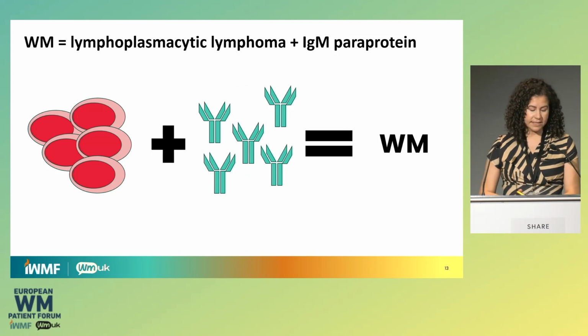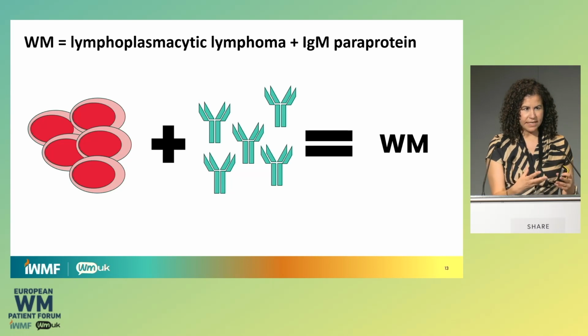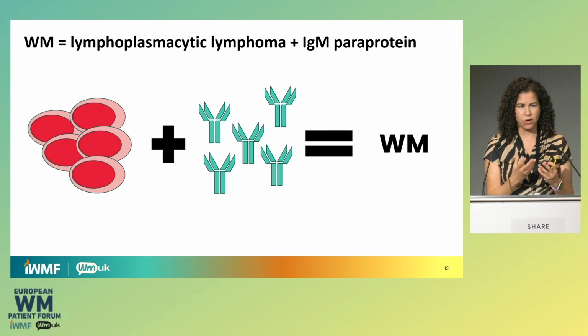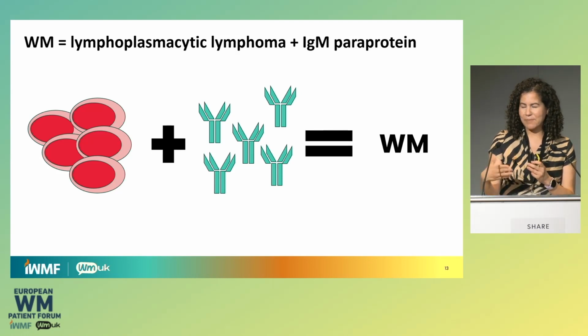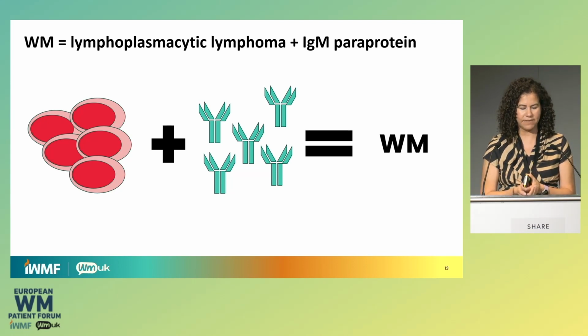So with WM, you've got the lymphoma aspect of it. So your B lymphocytes have become abnormal, that they're continuing to divide and that they've escaped the normal control that we all have of our blood cells. But not only that, your B lymphocytes, when they become plasma cells, they produce something called antibodies that help them in their function to fight infection.